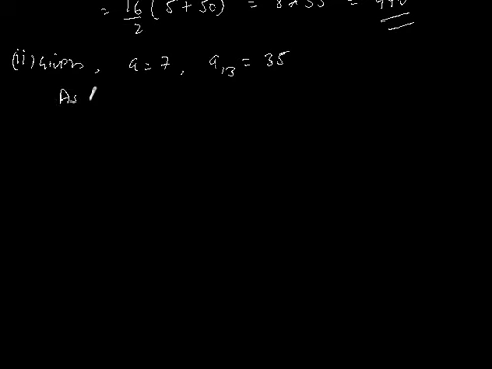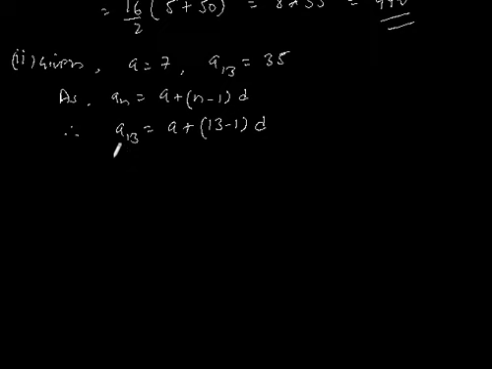Now, as we know, an is equal to a plus n minus 1 into d. Therefore, a13 is equal to a plus 13 minus 1 into d.